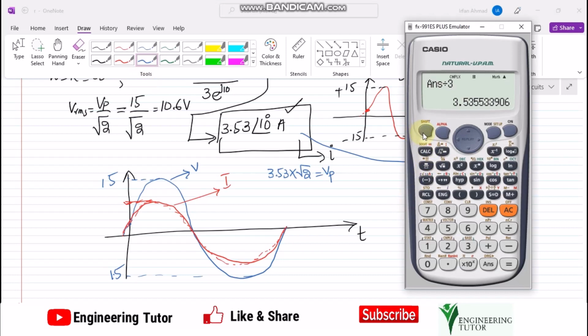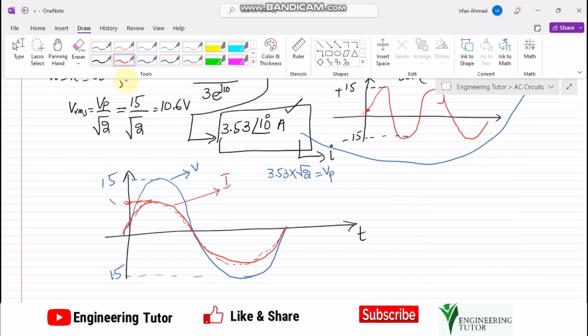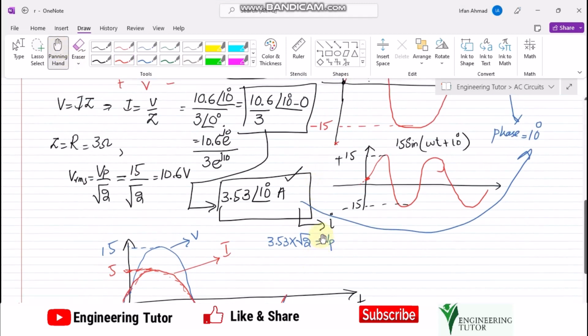Multiplying it by square root of 2, I will get 5. So this one is 5, while this one is minus 5.